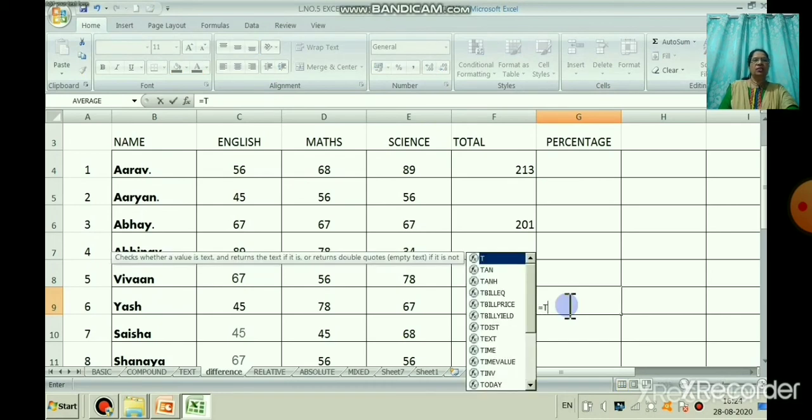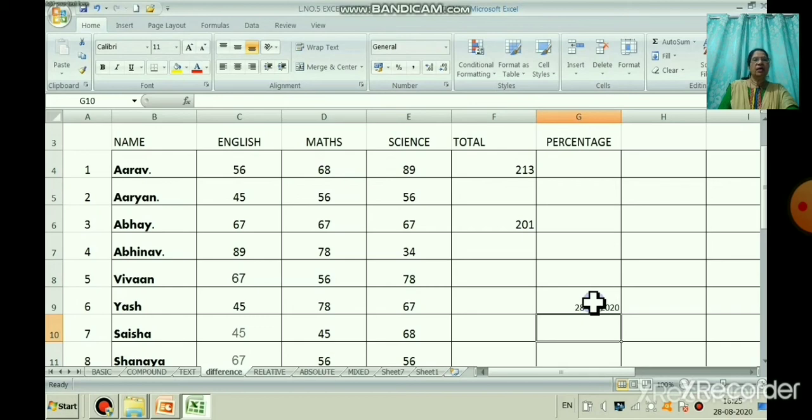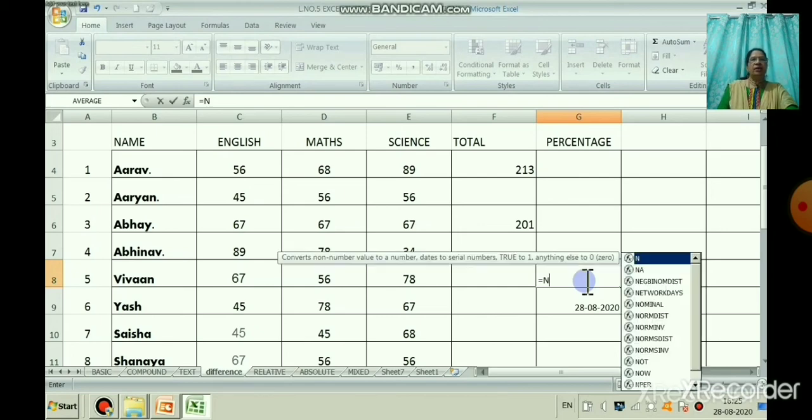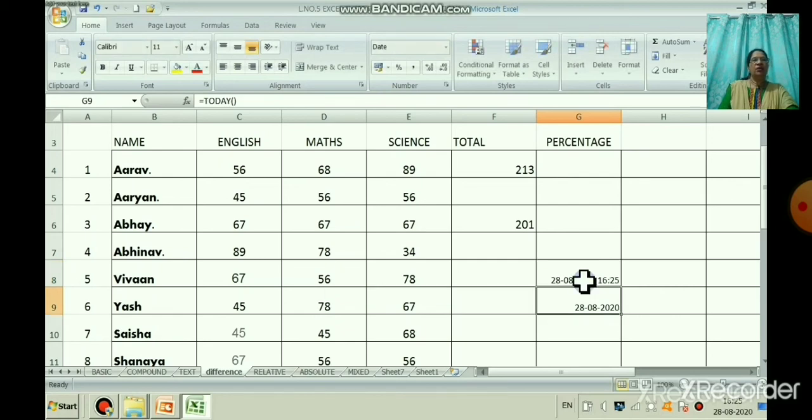Now suppose you want to see today's date. I will use the function equal to TODAY. That means these are inbuilt functions. You can see today's date, right. That is a function, because it is an inbuilt function. Now again, equal to NOW, the NOW function with two brackets. The NOW function will show you the date and time.